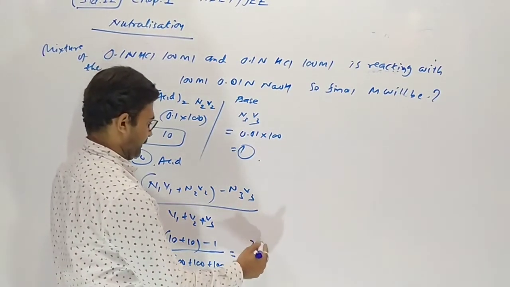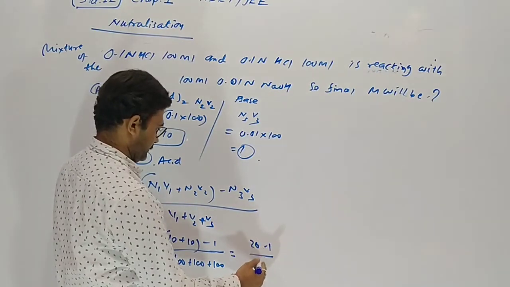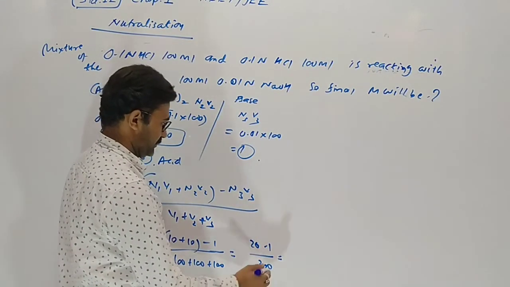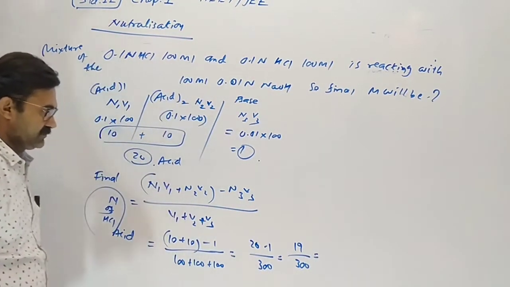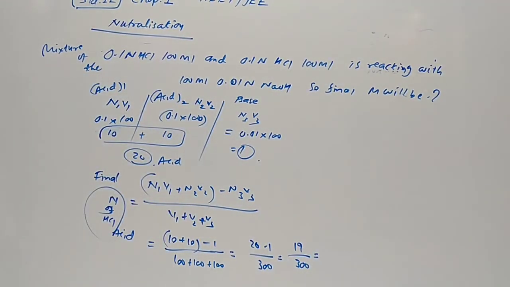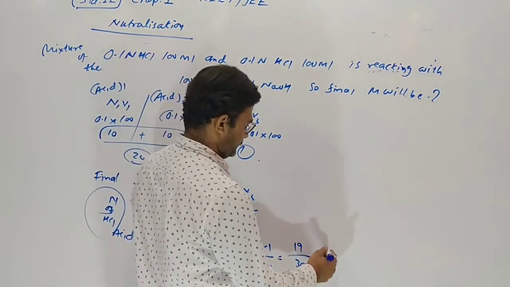So 20 minus 1 upon 300, so 19 upon 300. 19 divided by 300 gives 0.0633.